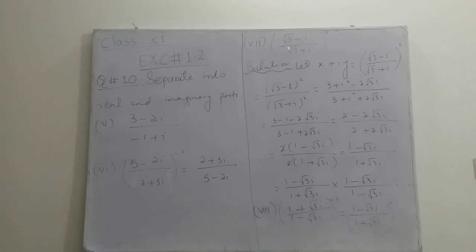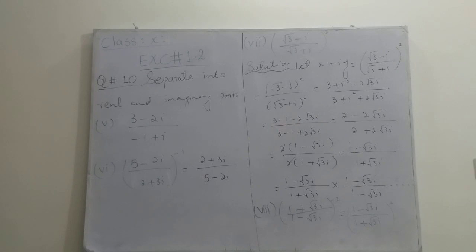Number 7. ((square root 3 minus iota) divided by (square root 3 plus iota)) whole raised to power 2. Now let x plus iota y be equal to ((under root 3 minus iota) divided by (under root 3 plus iota)) whole raised to power 2. First we will take their separate squares, using the formula (a minus b) whole square for the numerator and (a plus b) whole square for the denominator.